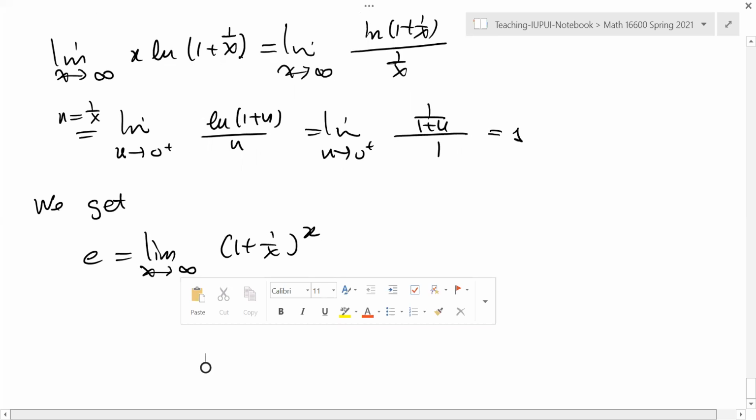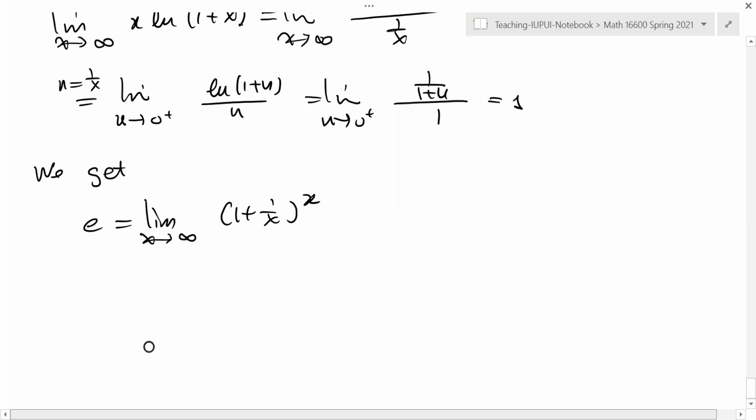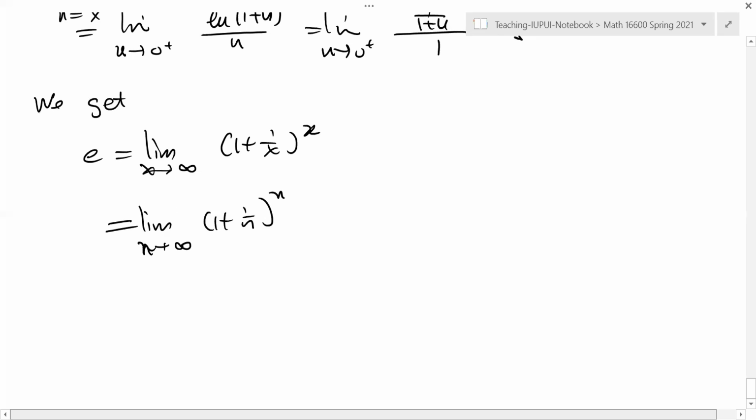This is where the e comes from. In particular, when n approaches infinity, (1 plus 1 over n) to the power n is going to be e. X approaching infinity and n approaching infinity are the same here. So e can be approximated by this.